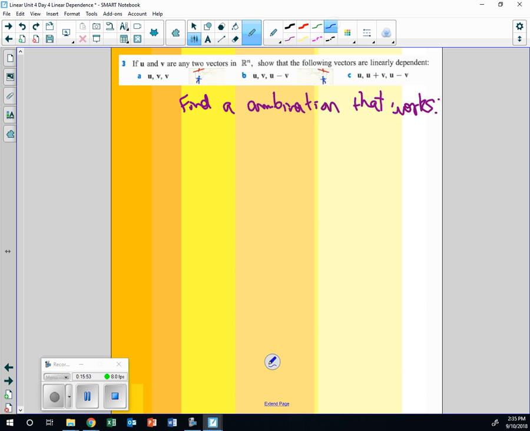So for example, A, you're going to have U plus V plus V equals 0. So you need some kind of constants we could put in here to make this true? And it's an infinite number, by the way.